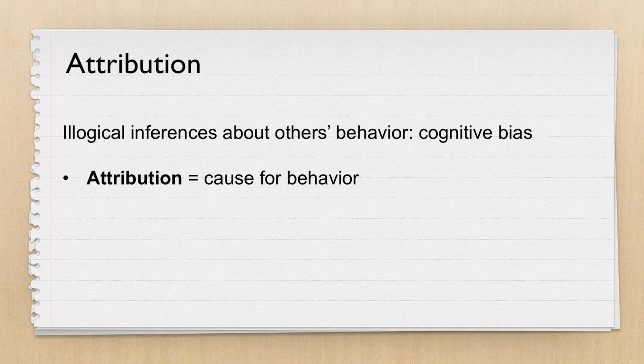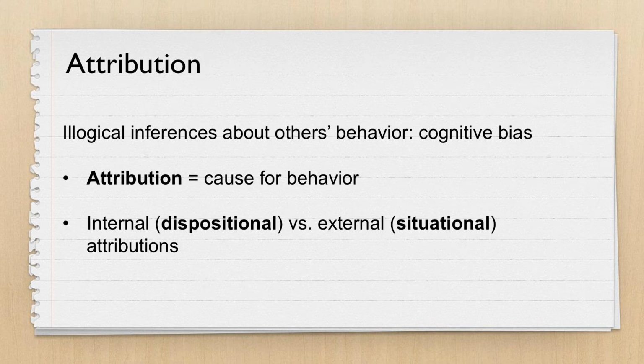We use the term attribution to describe different causes for behavior. We can make internal, dispositional attributions. We can also make external or situational attributions for other people's behavior. If we make an internal, dispositional attribution for other people's behavior, it will be like, why does he or she do that?